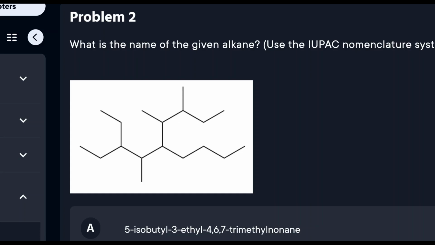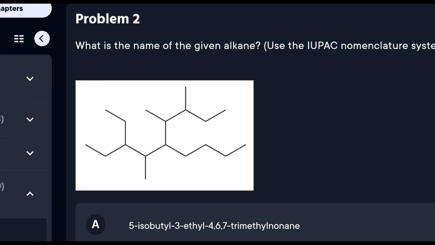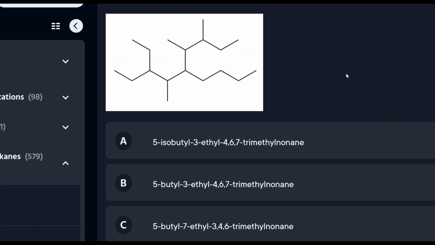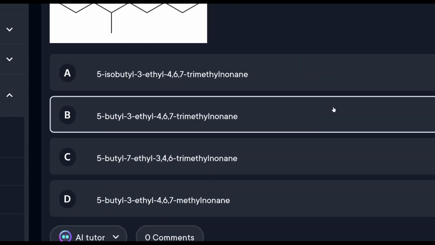Okay, so we have a 5 butyl, 3 ethyl, 4, 6, 7 trimethyl. Wow, that is a tongue twister. Okay, so let's figure out which one is going to be it. Oh, it's right here. 5 butyl, 3 ethyl, 4, 6, 7 trimethyl nonane.